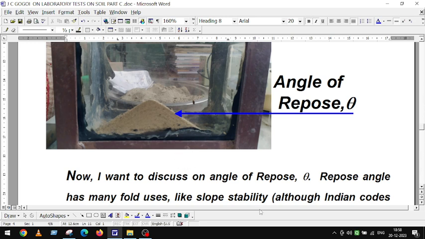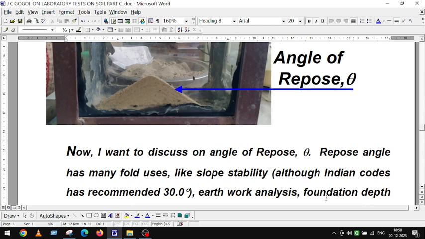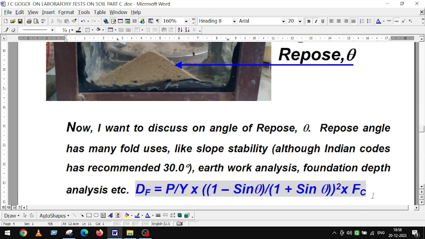Repose angle has manifold uses, like slope stability. Although the Indian code has recommended a 30-degree angle of repose as a conditionally stable slope, it is also used in earthwork analysis, foundation depth analysis, and many more.